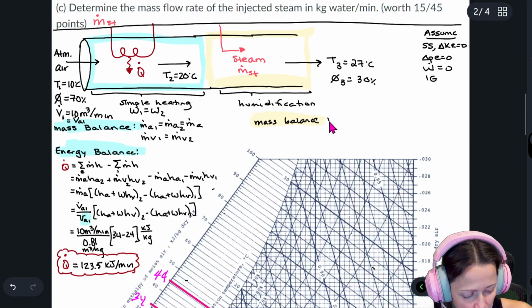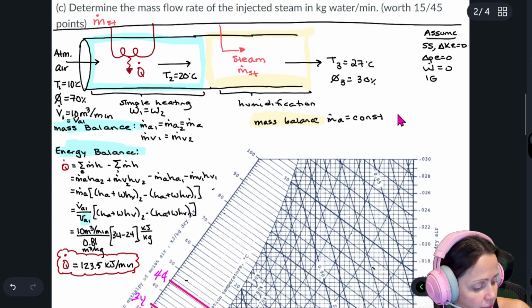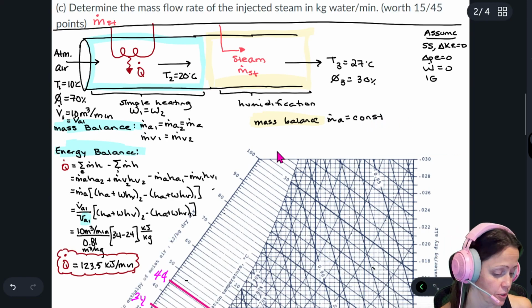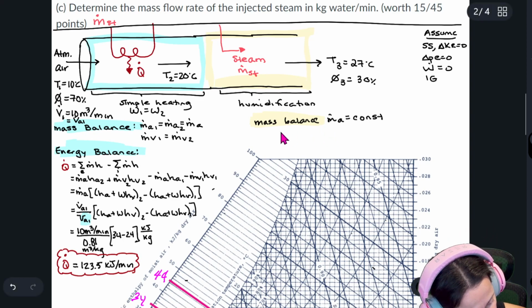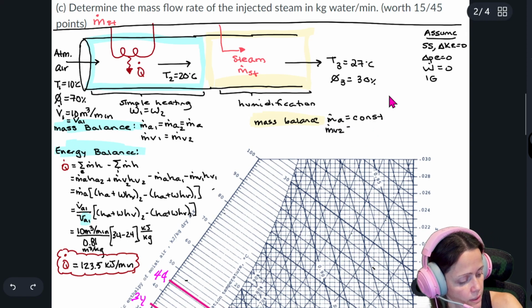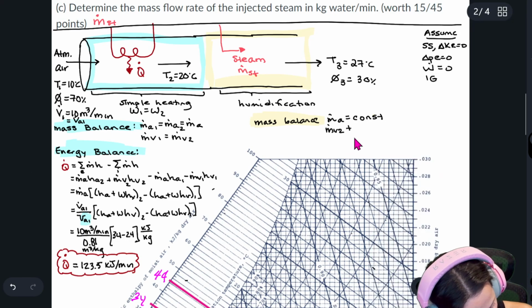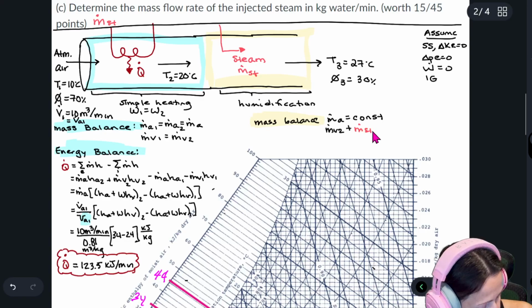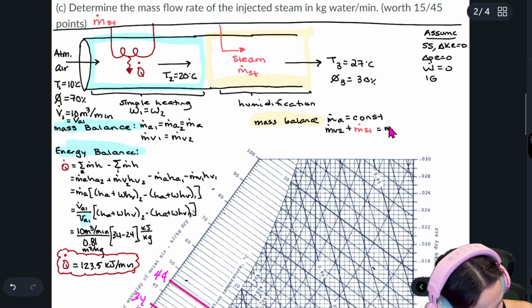All right, so air is nothing new: one inlet, one outlet. But for the water, we do have to be careful. You'll have water vapor coming in at state 2, and then you'll also have your m dot of the steam, and that's going to be equal to our m dot v3.